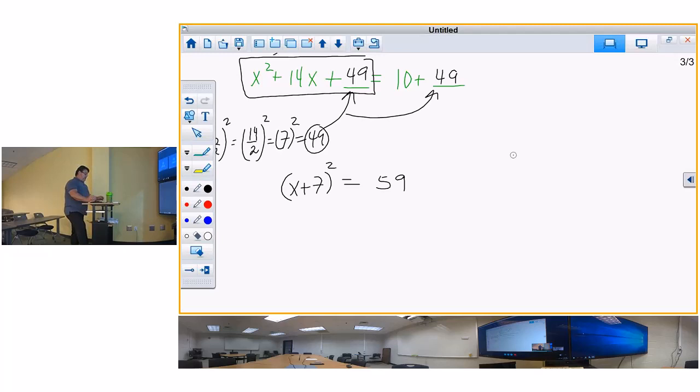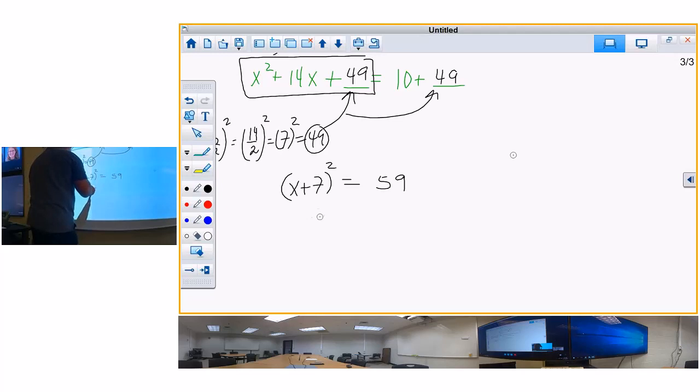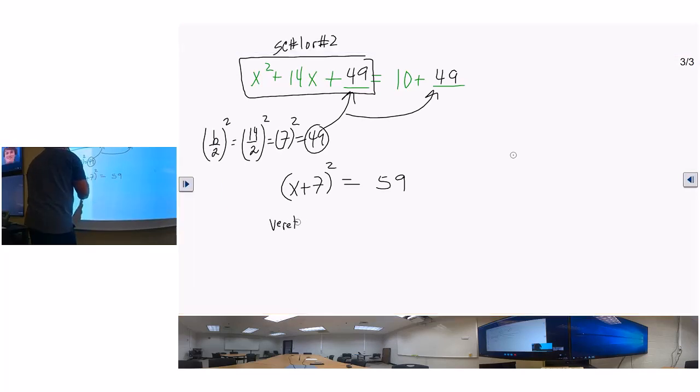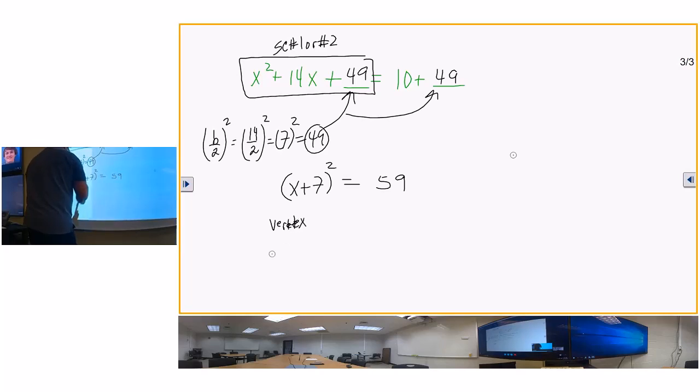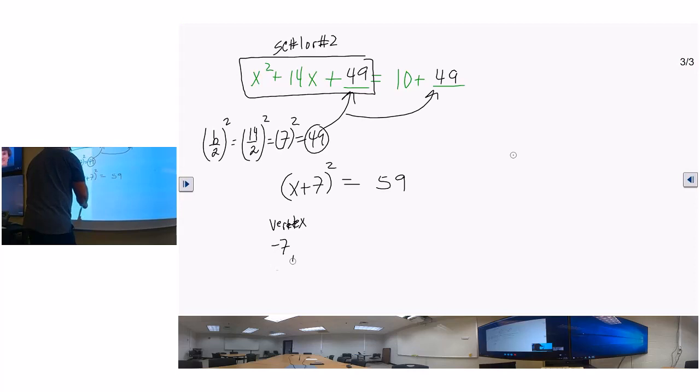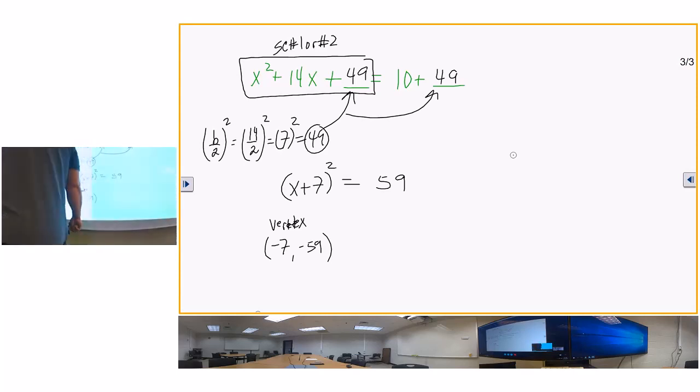Okay, so at this point, you can solve for x, or you can find your vertex. The vertex is going to be, I can't even spell. The vertex is the opposite of the first one, -7, and the opposite of that one. So there's your vertex. You can also write it in vertex form, which looks like this.